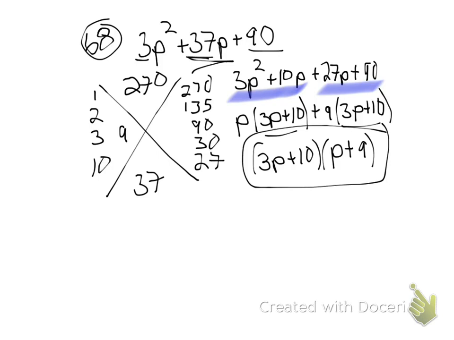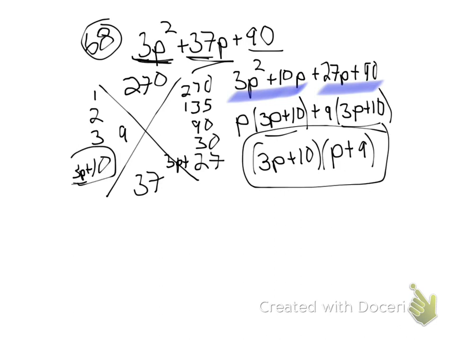Okay, if you want to know the way that I do it, I would take this 10 and this 27, and over here in my diamond, I'd write 3p plus 10 and 3p plus 27. Now, the 3p just comes from this first term right there. If I multiplied those together, I'd get 9p squared, and we want it to be 3p squared. So we have to do what I call the magic factoring stage.